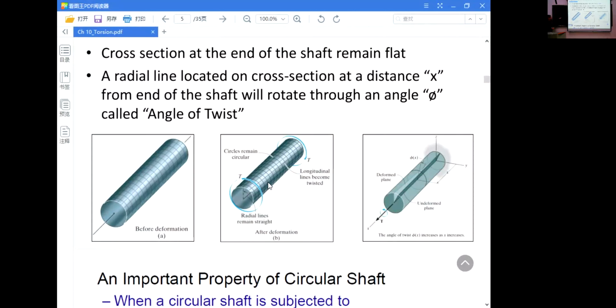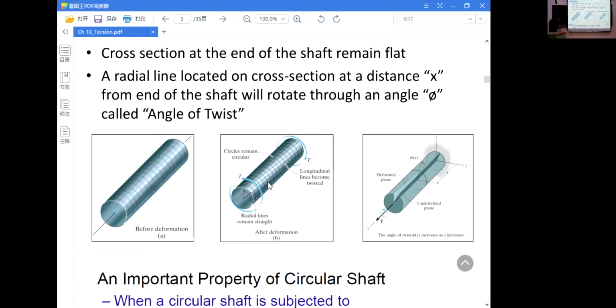So the shear stress cannot point in this direction. If tau is in this direction, the shaft will expand because there is a component.